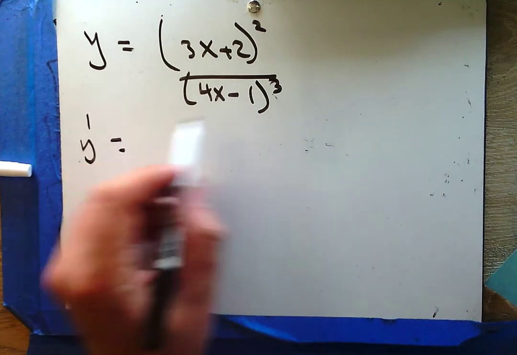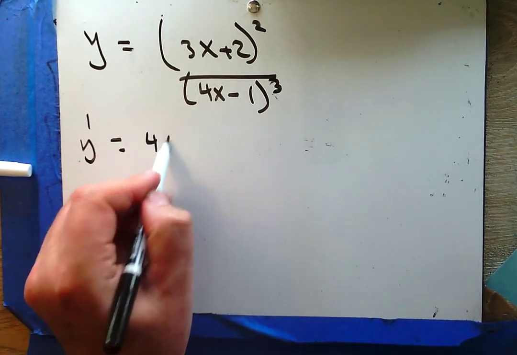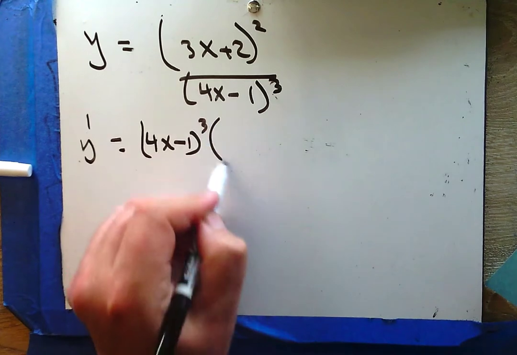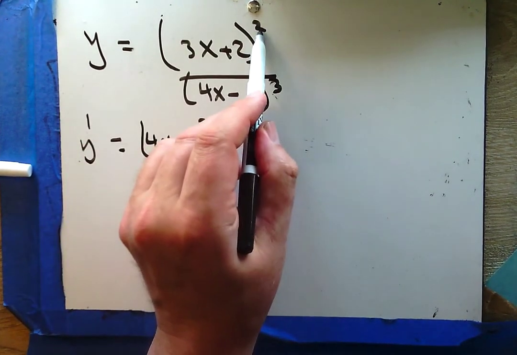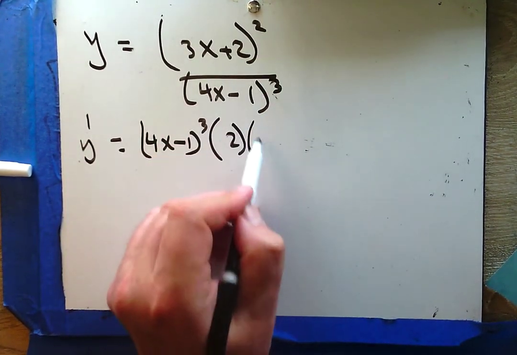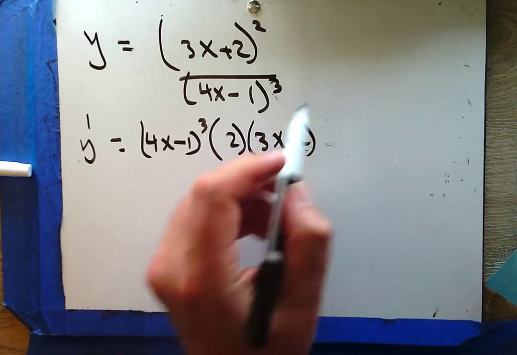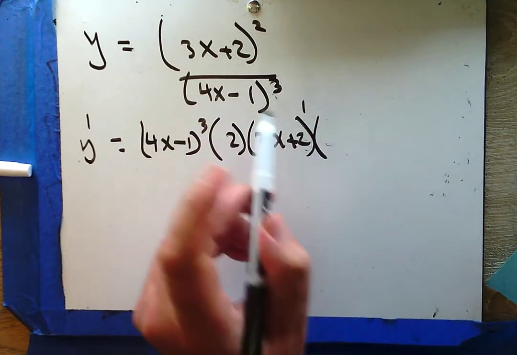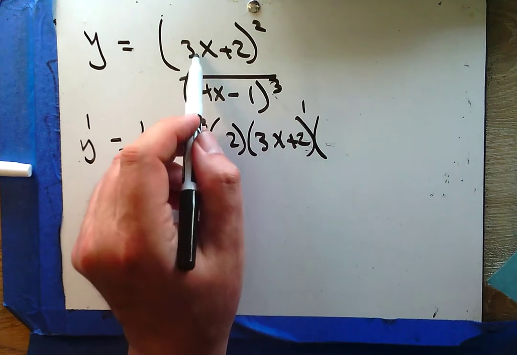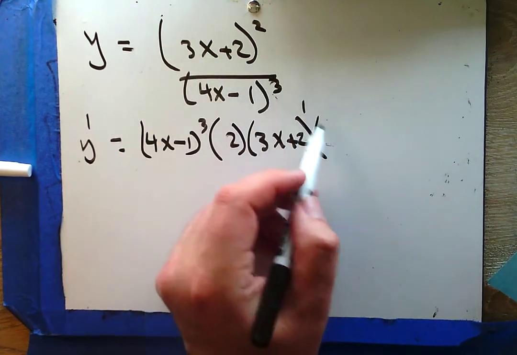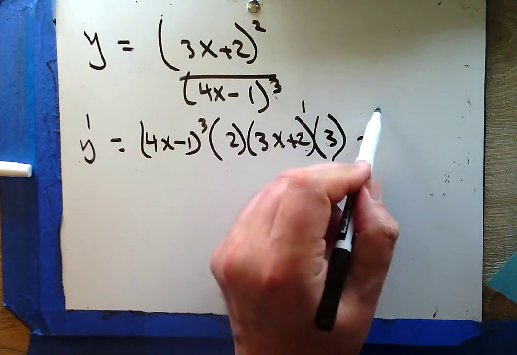So I'm going to just push here. Low d high minus high d low. This derivative, I have to check. Don't forget to come back and take the derivative of the inside.